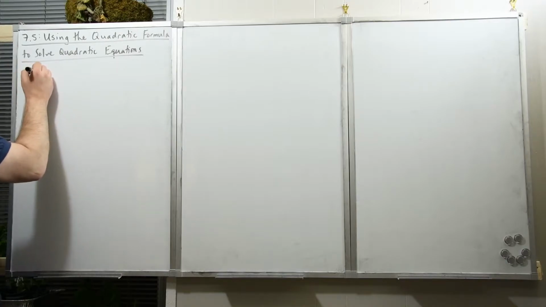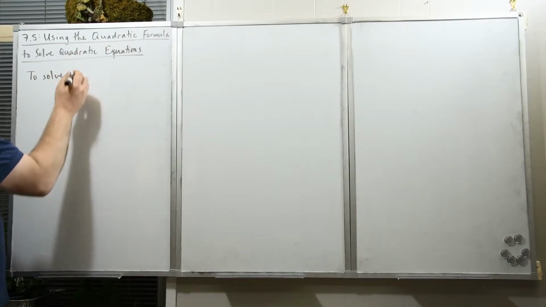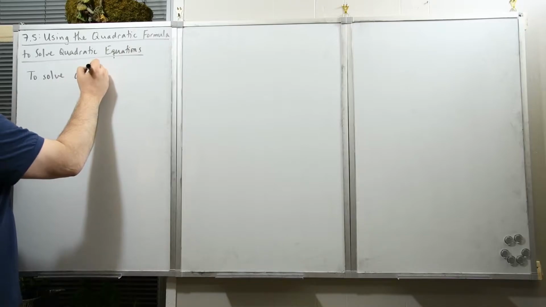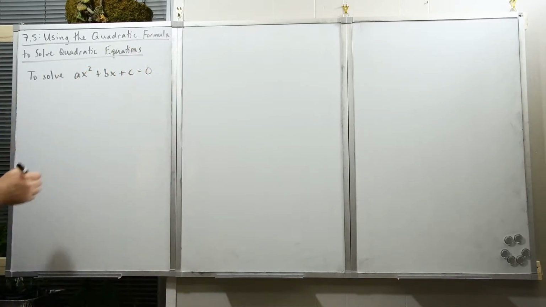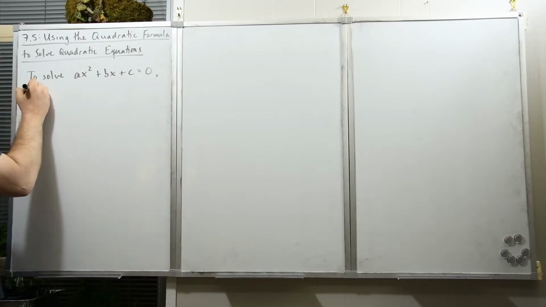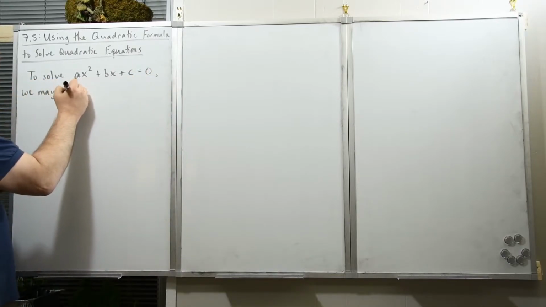And so, if we want to solve ax squared plus bx plus c equals 0, we may use the quadratic formula.